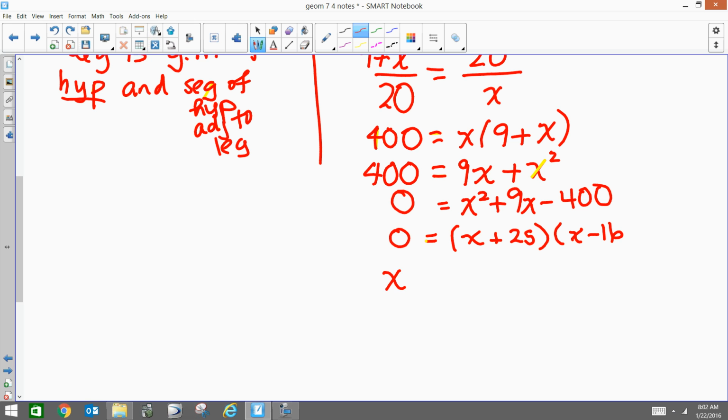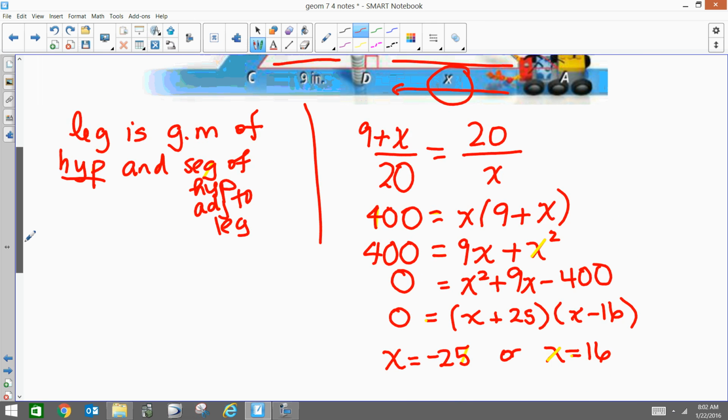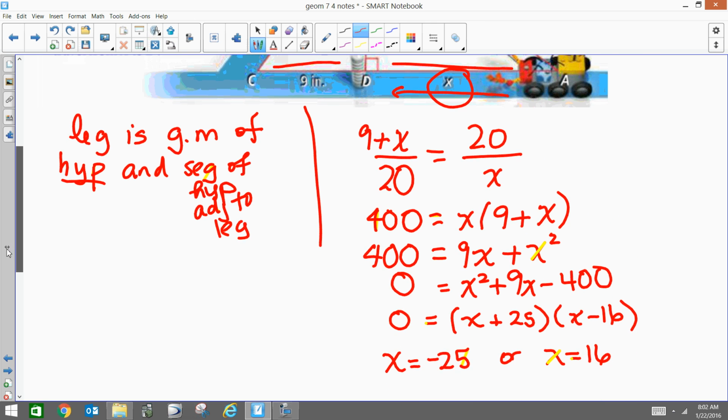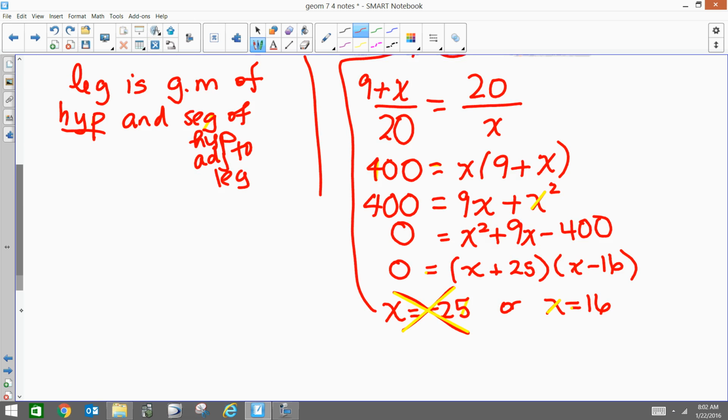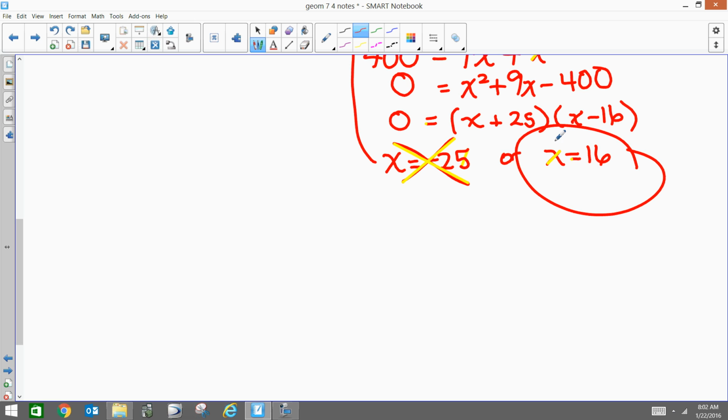So x is really going to be negative 25 or positive 16. I don't think we can have a negative length. So x is really 16 inches.